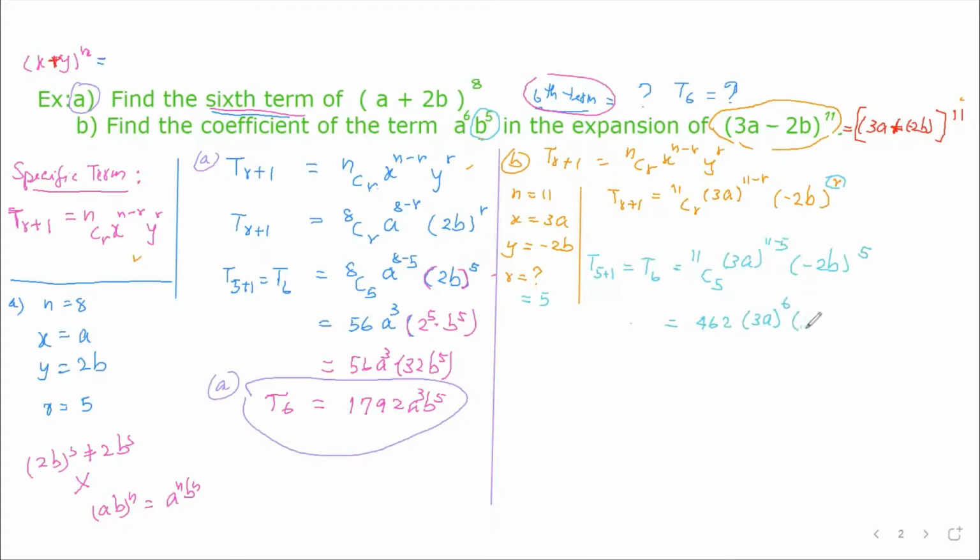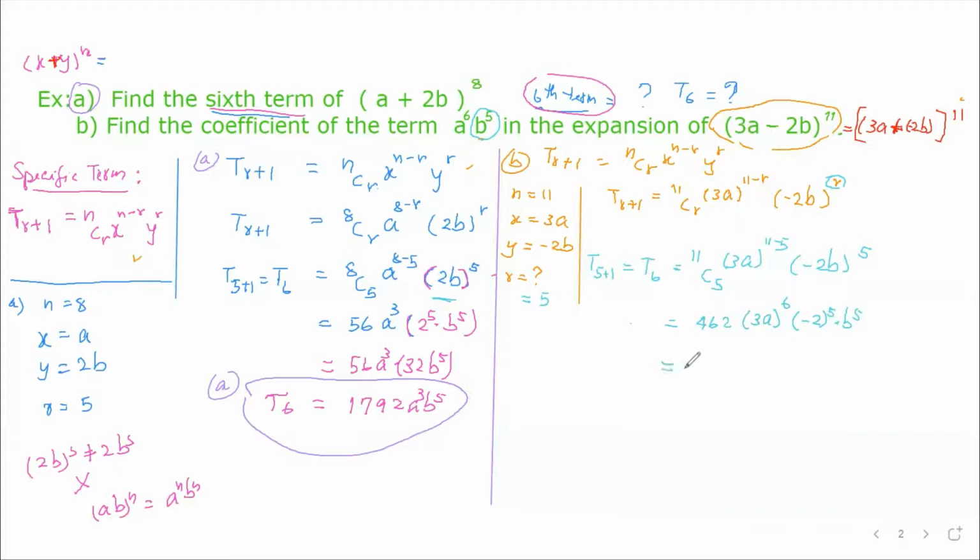Again, don't forget, step by step, negative 2 the whole thing power 5, times b power 5 also. This one has a negative sign, so negative 2 power 5.